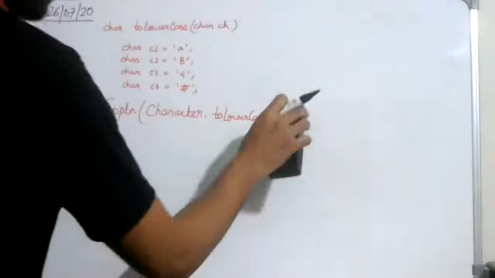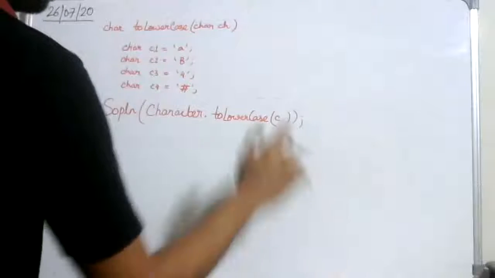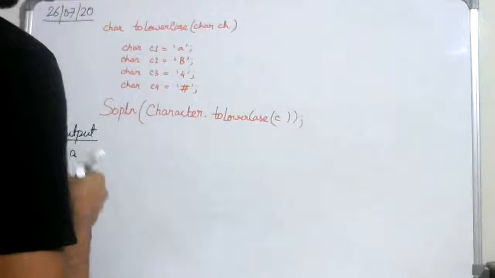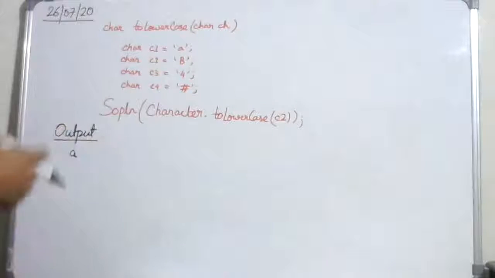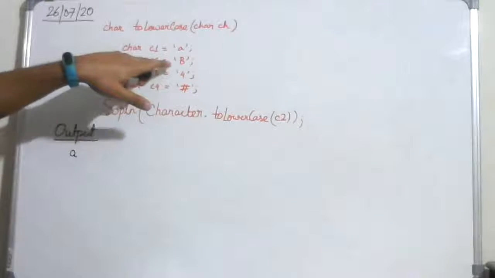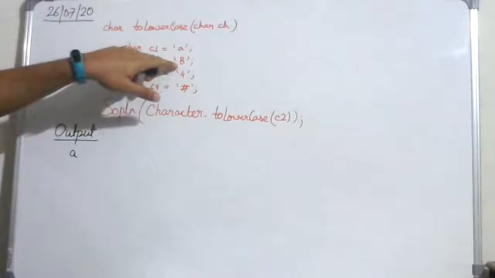Now what happens if we have c2 instead of c1? So we have c2 as an argument to the function. If you look at the value stored in c2, it's capital B, which is in uppercase.